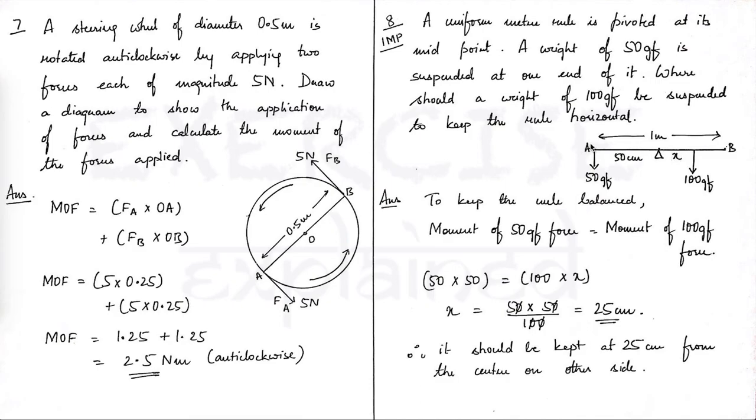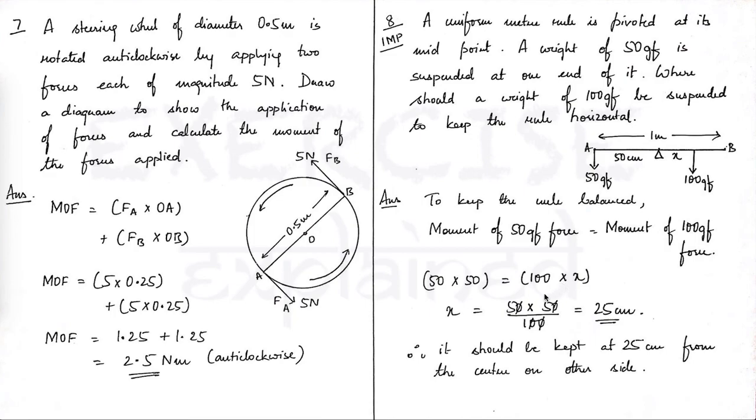Or you can write, if you consider this as the 0 mark, this will be at the 75 centimeter mark because this is 50 and this is another 25. So 50 plus 25 gives me 75 centimeters. So you can write the answer in either ways.